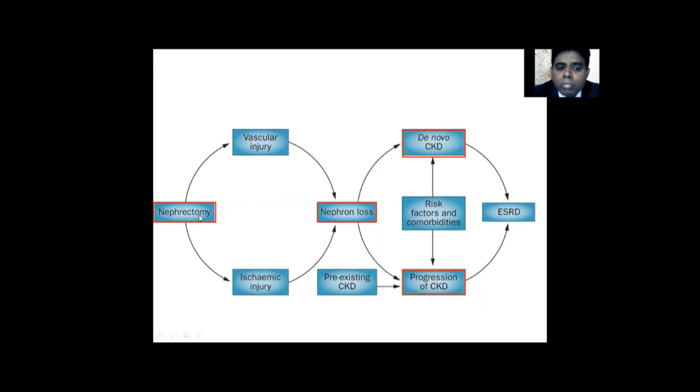In radical nephrectomy, we are losing a lot of nephrons. The more nephrons we lose, patients with established CKD can get worse CKD. They can get to the advanced stages of CKD. And some patients who previously had normal renal function can develop a new CKD.